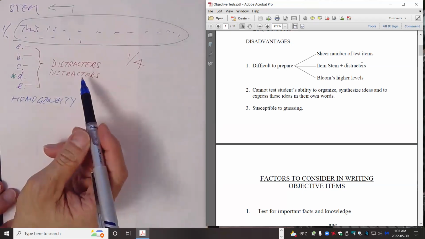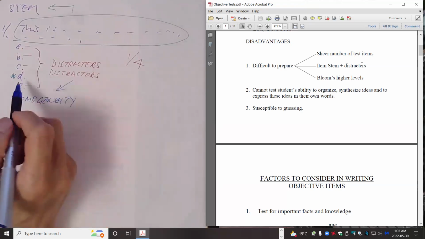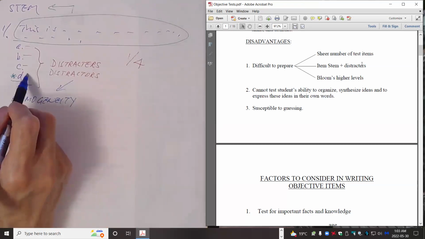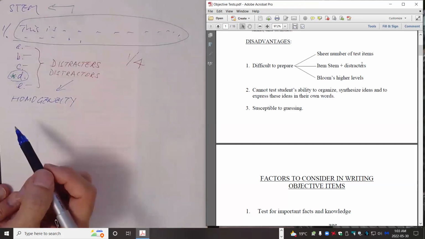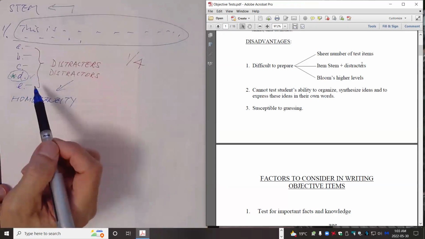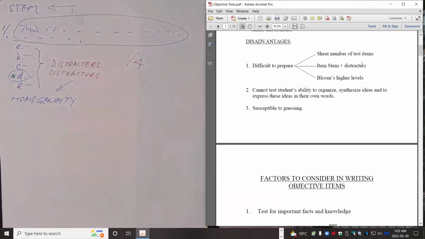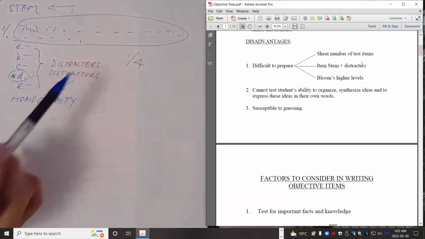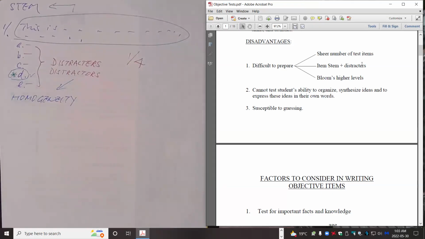The distractors must be homogeneous with the correct answer. Let's say you ask for a female name. This is a female name. Make sure all of them are female names. Then the distractors are homogeneous with the correct answer.